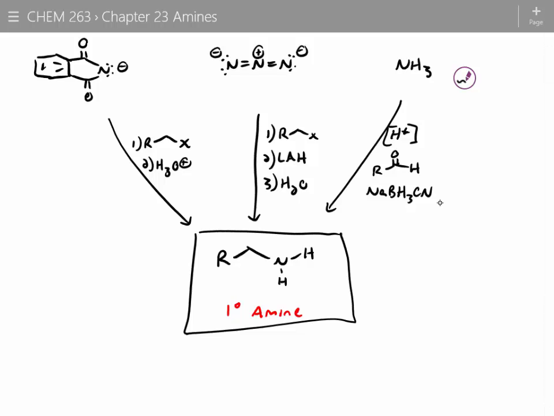All right. Can we use these to make secondary amines? At least the Gabriel and the azide synthesis? Not very well, because those are SN2 substitution reactions. So the bulkier the groups are, the less effective it's going to be.